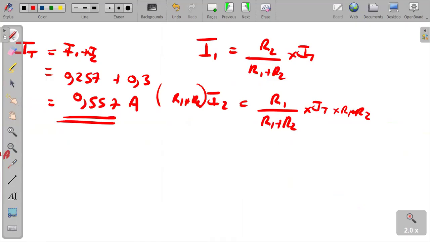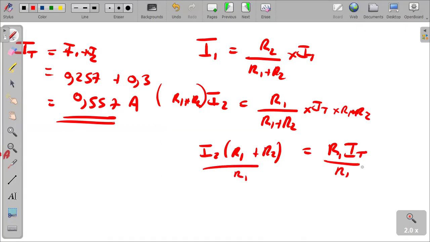So we end up having I2 multiplying R1 plus R2 is equal to R1 times IT, the total current. Then we divide by R1.